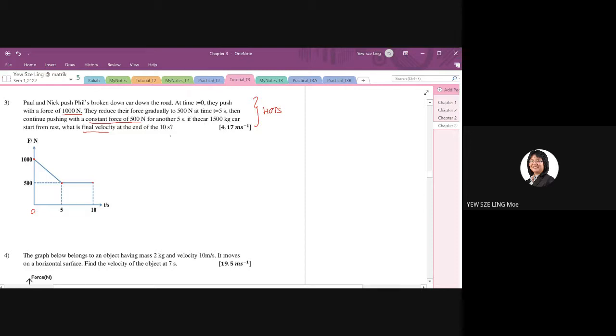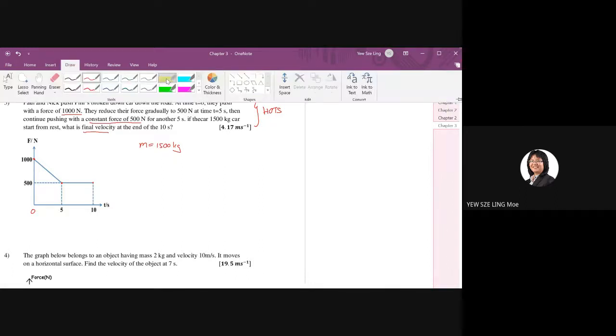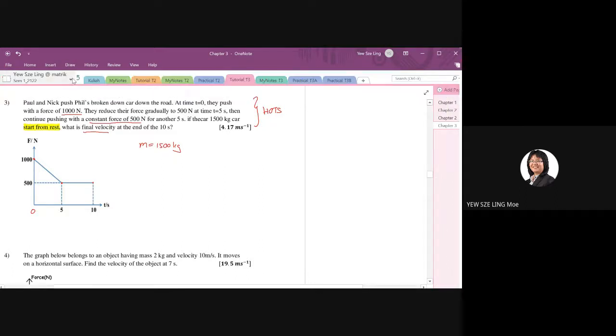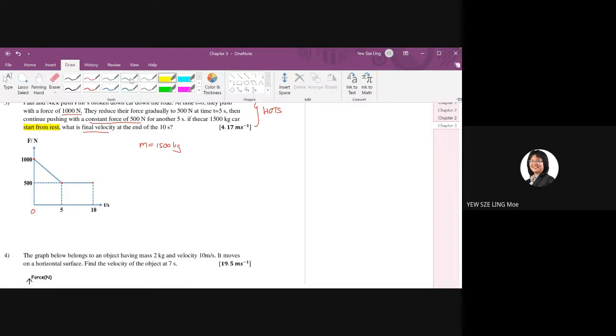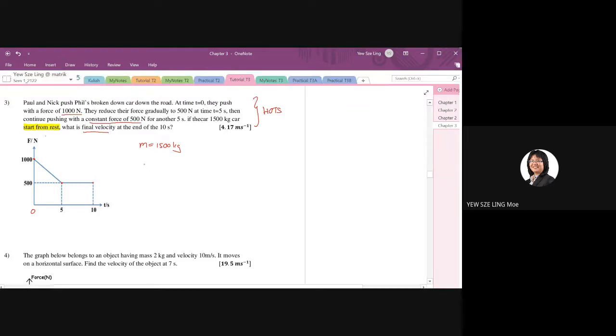The car is 1500 kg, so m is 1500 kg, and it starts from rest. Again, you have the term from rest. It tells you your u is equal to 0 meter per second. So the question is asking for v. Now, if you look at this question, you don't have enough information to solve it, right?